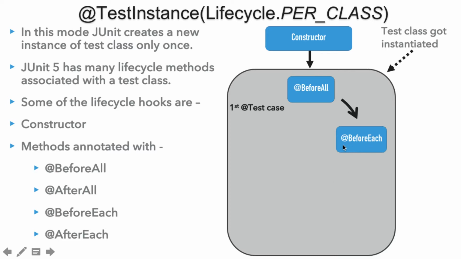As the name suggests, this annotated method will be called every time before an @Test method gets executed. And once the @BeforeEach annotated method has executed, JUnit picks the @Test method and executes our logic to test our code. And once it is finished, the @AfterEach annotated method gets executed.